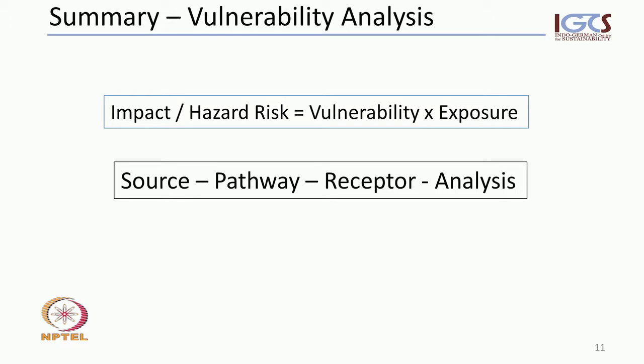This takes us to a source pathway receptor analysis, which helps us to then take a decision of where we can influence and change individual components to a wanted outcome.